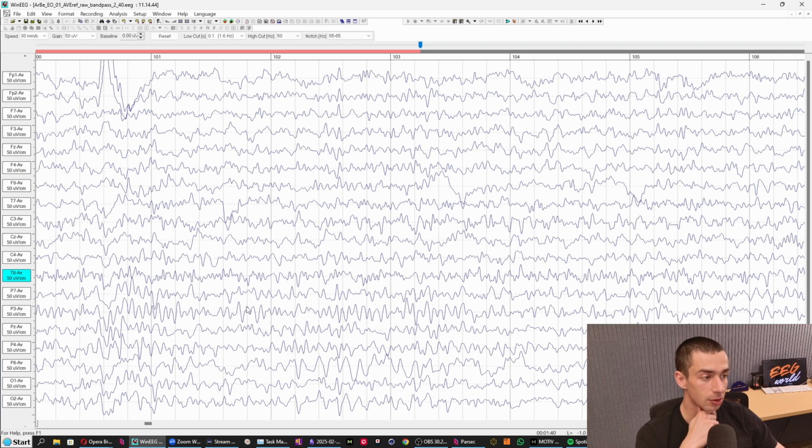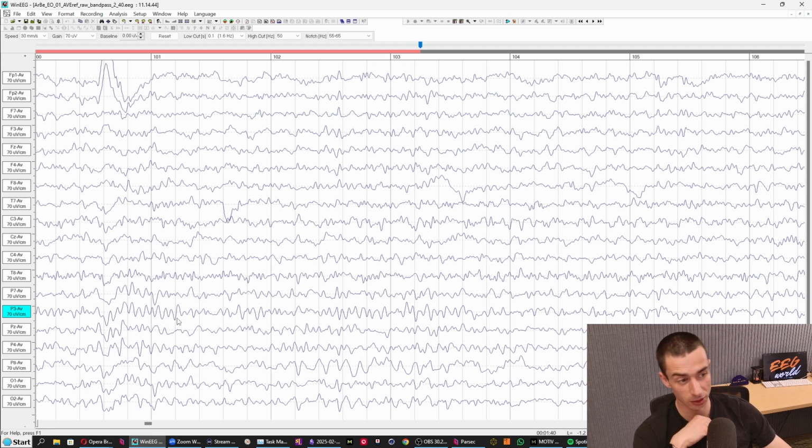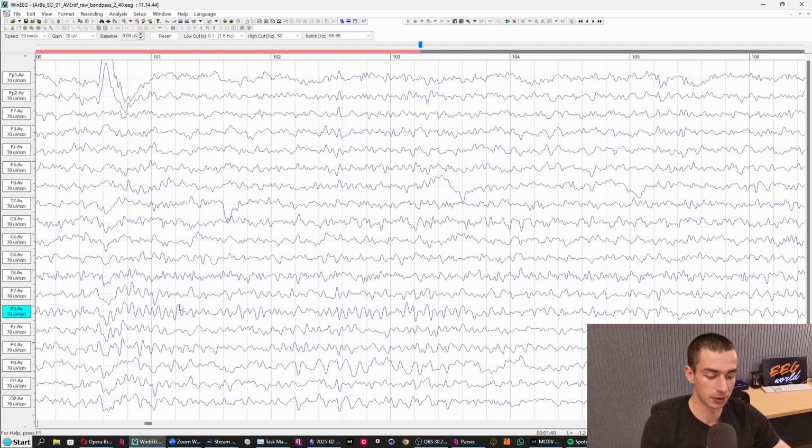And it is somewhat notable because we don't generally, in the eyes open, see this amount of focal beta finding in this left superior parietal region. So if we count the peaks here, we see 1, 2, 3, 4-ish peaks in a fifth of a second. So this is sort of 20 hertz beta activity.